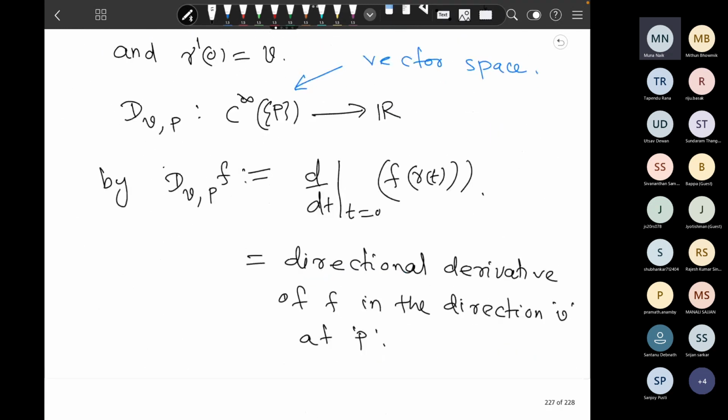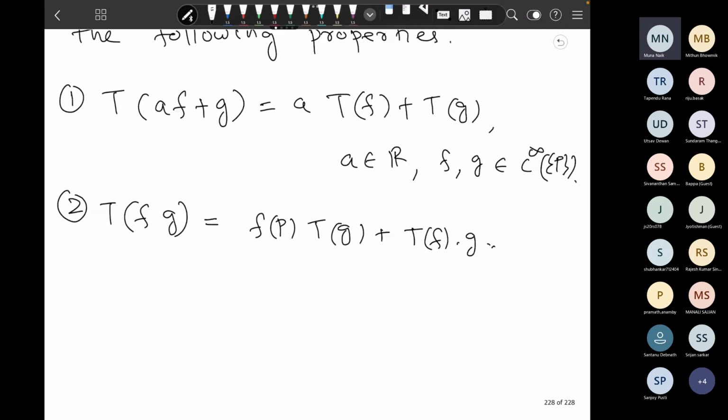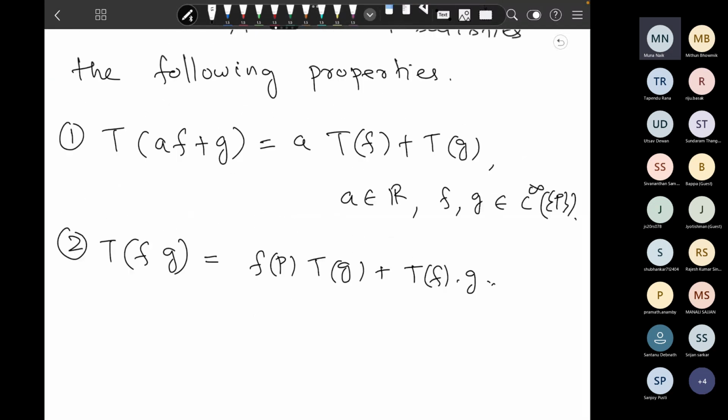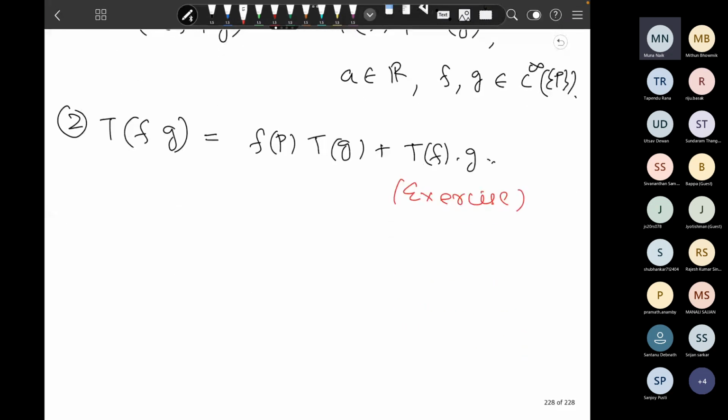You can verify this simply by using the chain rule. This is the exercise I am putting here, where f and g belong to the same space.